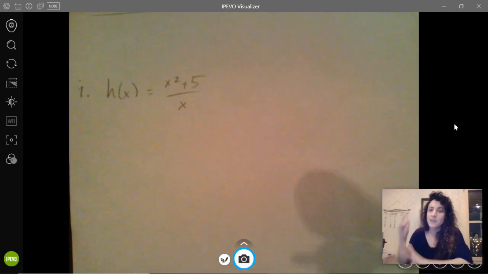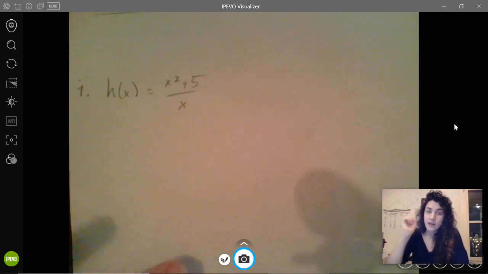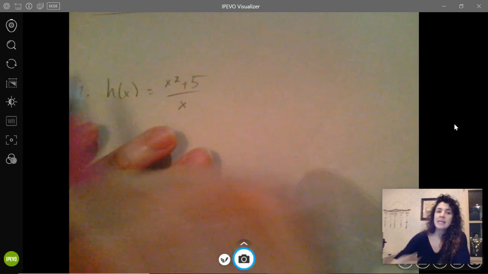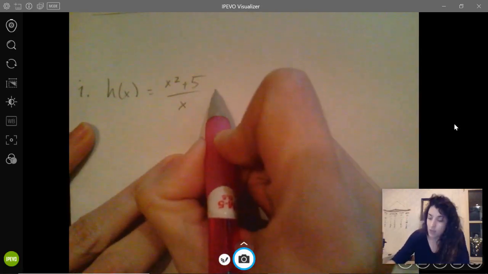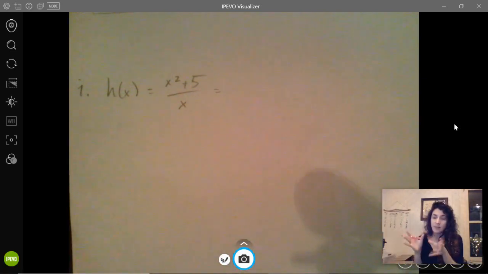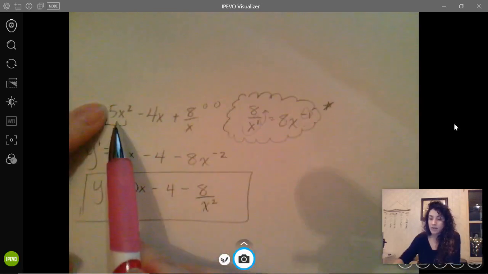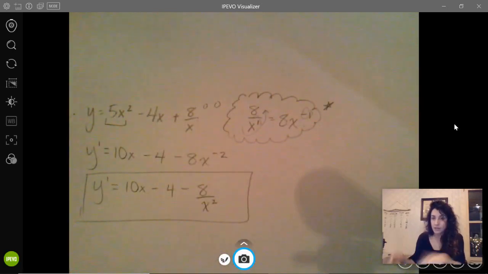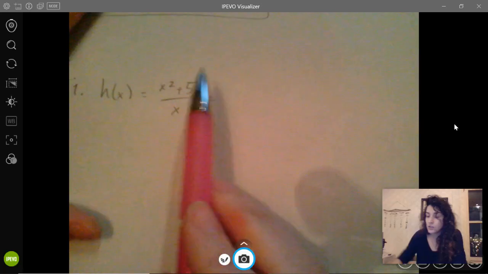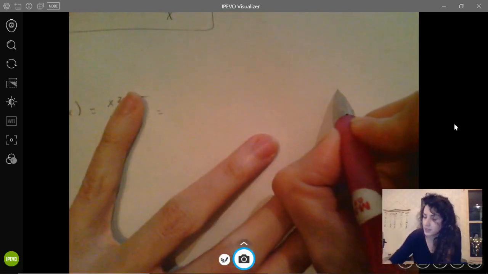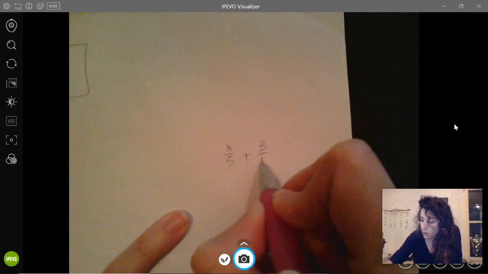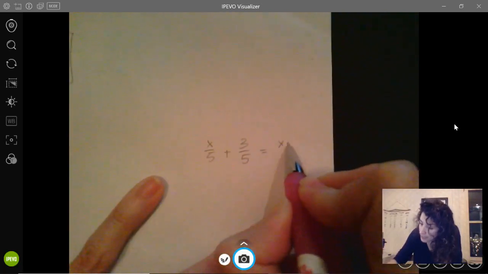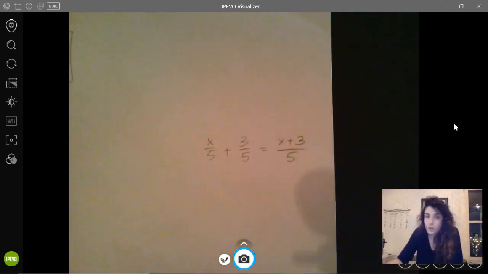Okay, last one. Another way that we have things that are a little bit more complicated is that sometimes we have fractions, and we know that fractions freak us out. But if we thought about it instead as breaking it up, instead of one big fraction, to break it into smaller chunks, right? Having small pieces that we can handle, we can do that here. Remember that x over 5 plus 3 over 5 could become x plus 3 over 5.